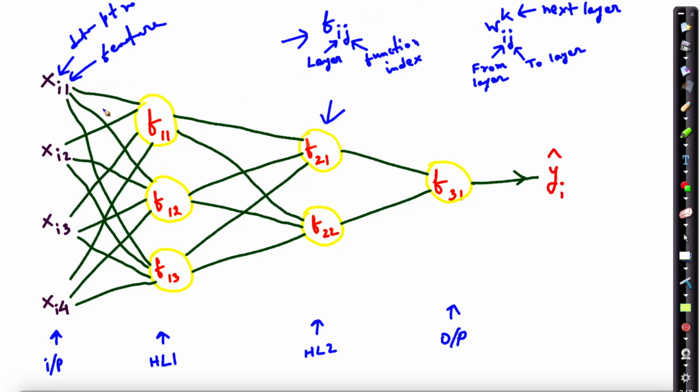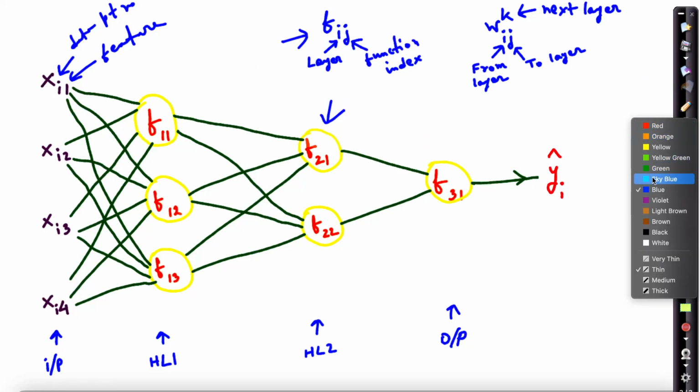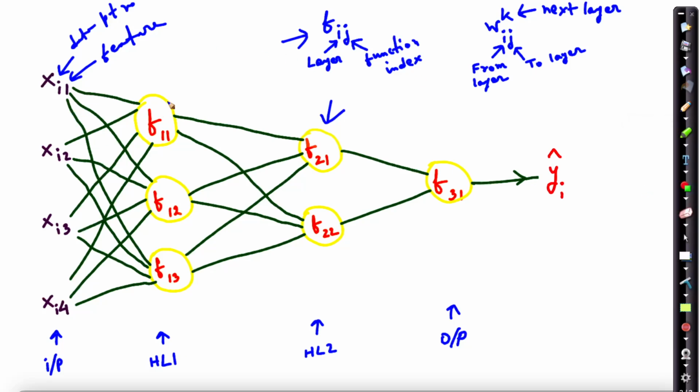Next are the weights. I have not written the weights here so that you don't get confused, so I'll write them live. Let me first write the outputs. Here the output will be O11. The output of F11 is O11.